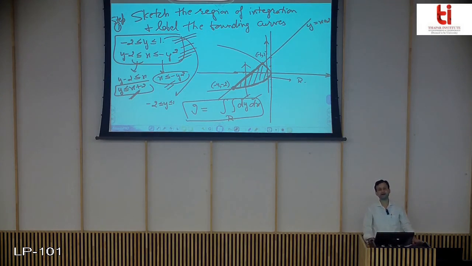So that is how you decide that you have to split the region into two or more parts, so that whatever boundary it enters from, it is the same for every imaginary line, and wherever it leaves, it is the same boundary. So here is the point of bifurcation.